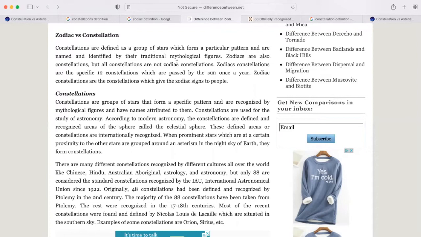Zodiacs are also constellations, but all constellations are not zodiac constellations. Zodiac constellations are the specific 12 constellations which are passed by the sun once a year. Zodiac constellations are the constellations which give the zodiac signs to people.